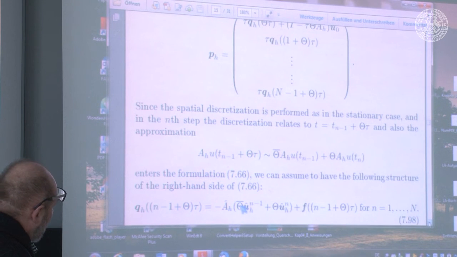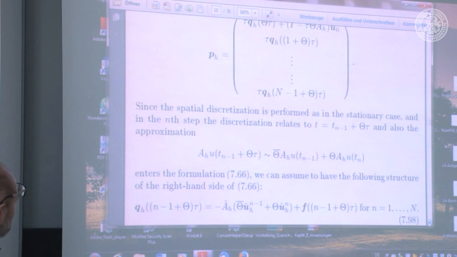Now if we remind ourselves that the theta method means that we look at everything as being an approximation at this possibly intermediate time level, t_{n-1} plus theta times tau, then values which we cannot evaluate at this time level, we have to look at the corresponding convex combinations.